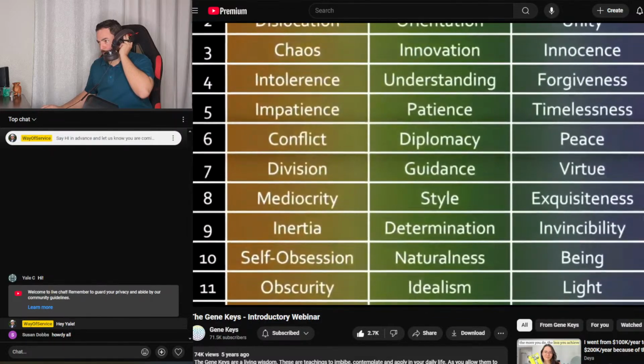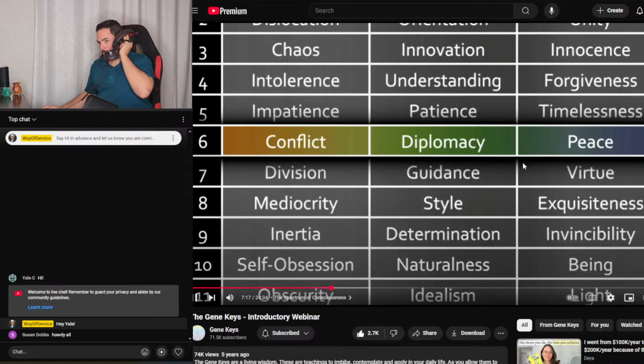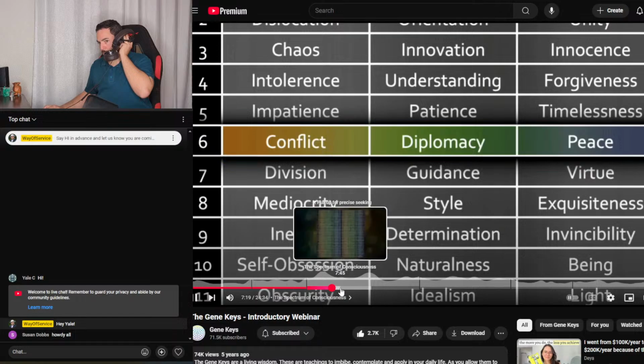In other words, if you had this 6th Gene Key, for example, then its low frequency manifests in your life as the shadow of conflict, while its higher frequency, its gift, would be the gift of diplomacy. So that's conflict transformed to a high level. And then at its essence, its highest frequency, or its siddhi, is peace. And peace lies as a latent gift within conflict itself.